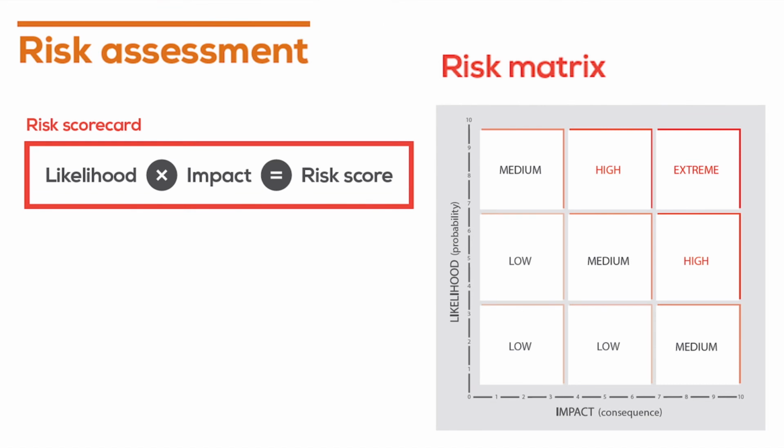So if both are low, like 0 to 3 impact and 0 to 3 likelihood, it means a low risk matrix. So we are not taking any risk. We are keeping the cost as low as we can. And again, if the impact is medium but the likelihood is low, the risk matrix will be low.